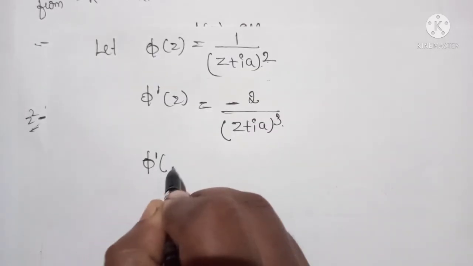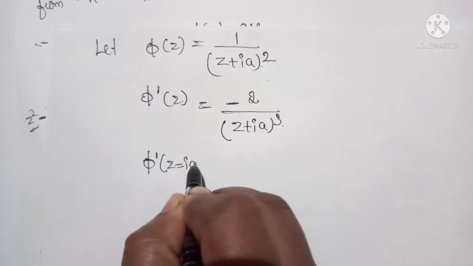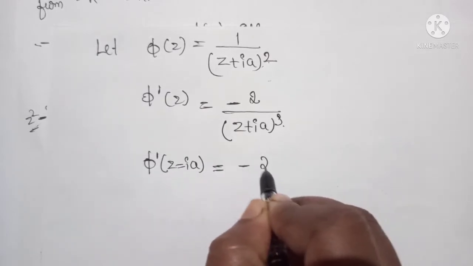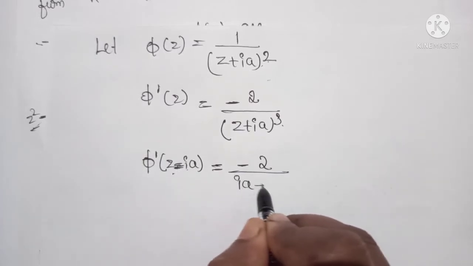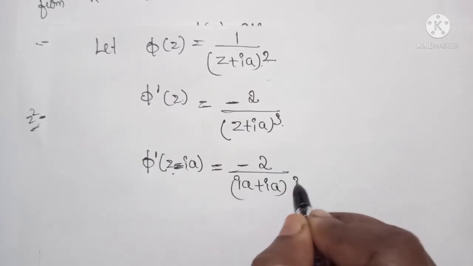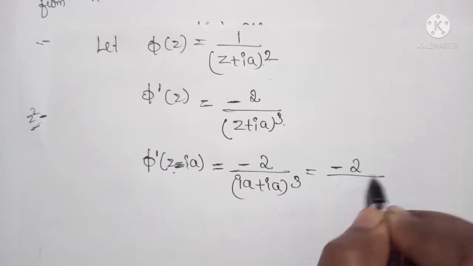Therefore phi dash at z equals ia is minus 2 divided by (ia plus ia) whole cube.